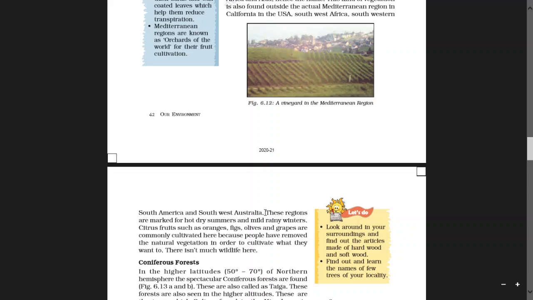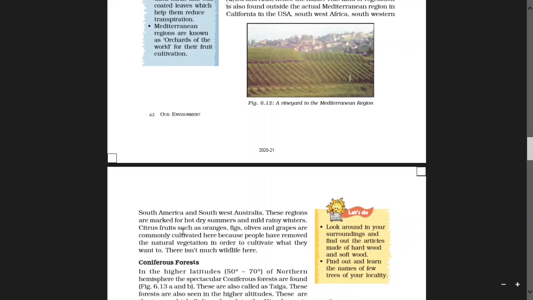These regions are marked by hot, dry summers and mild, rainy winters.